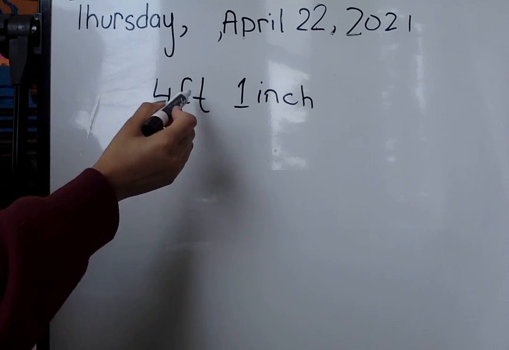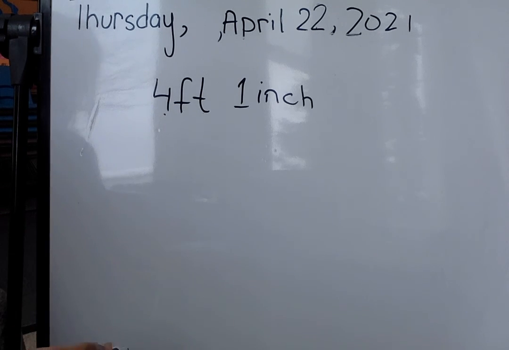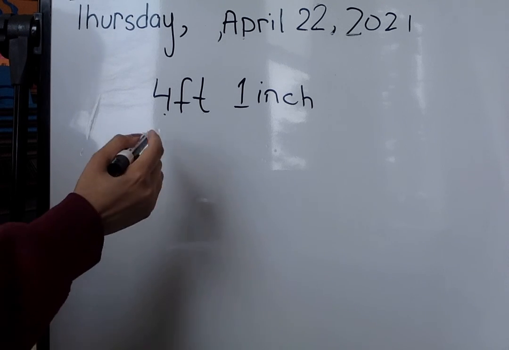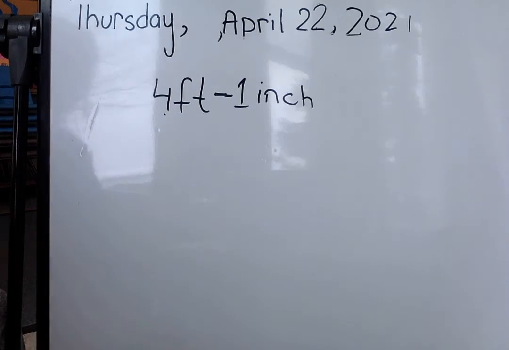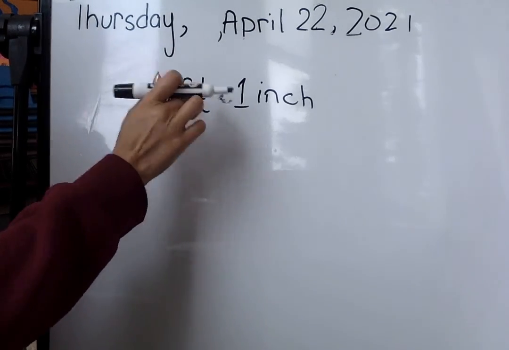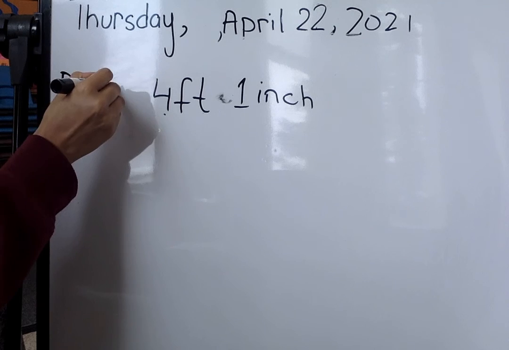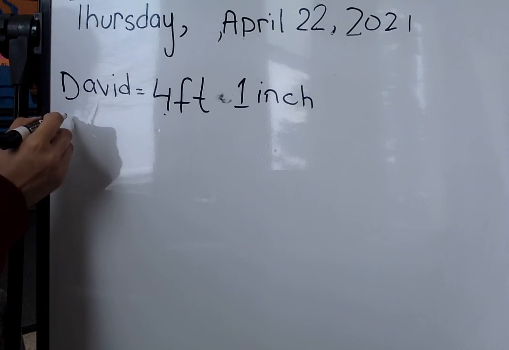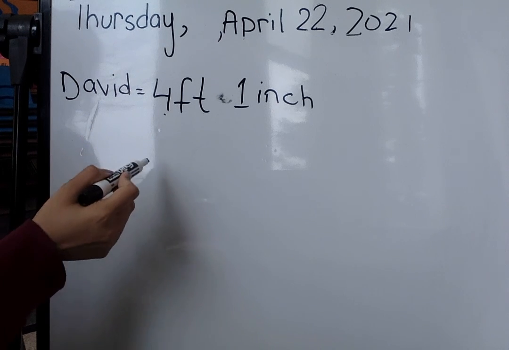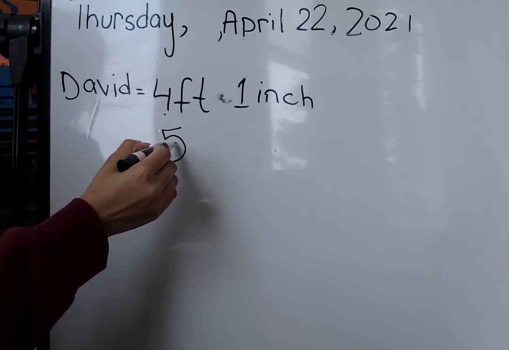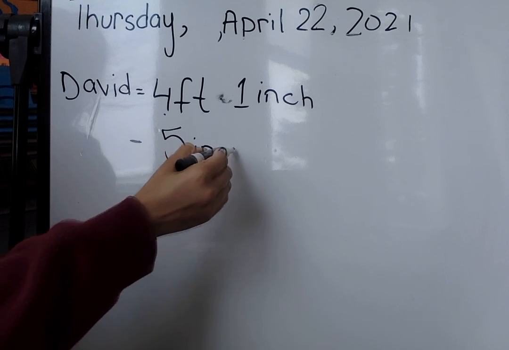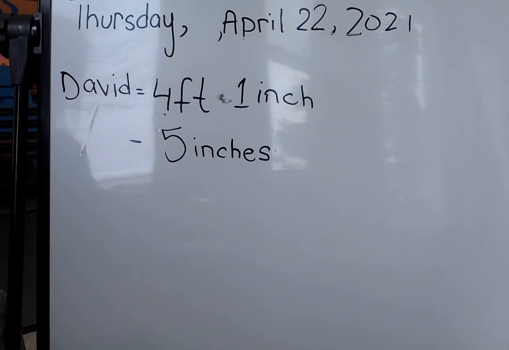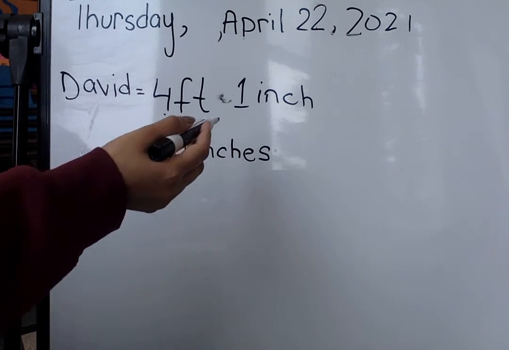So we have 4 feet, right? Sorry, David is 4 feet and 1 inch. And his brother, so that means he is 5 inches taller than his brother.